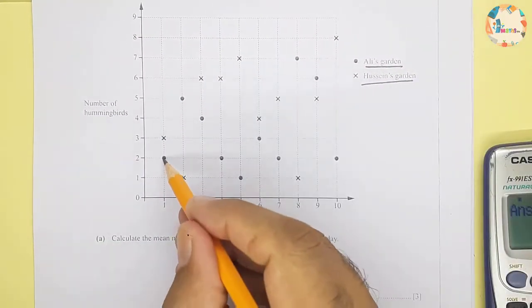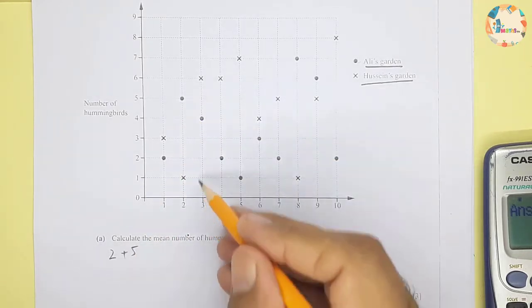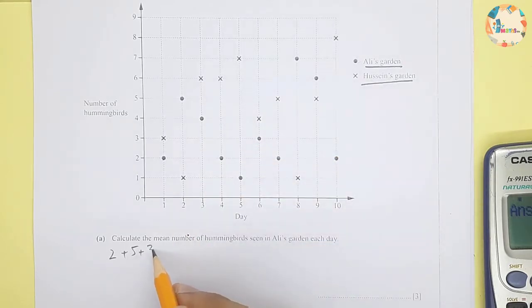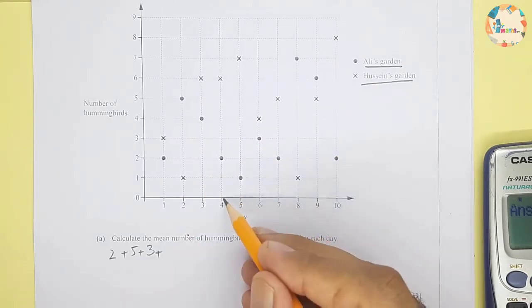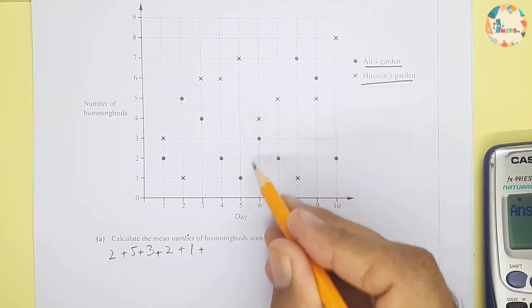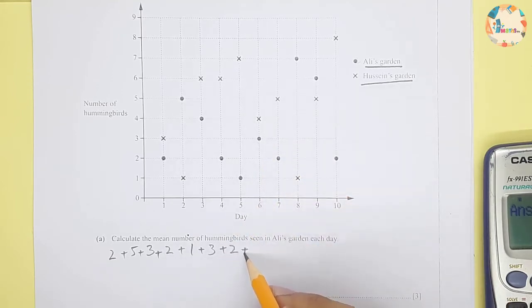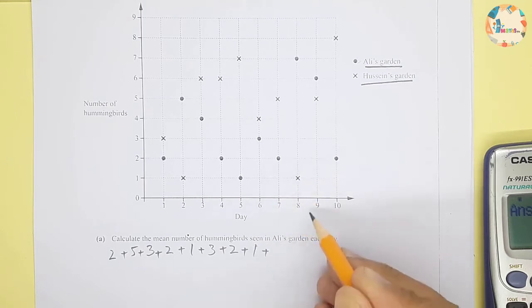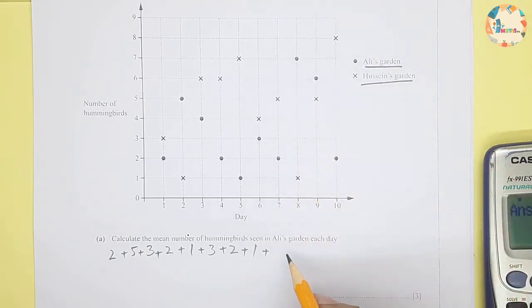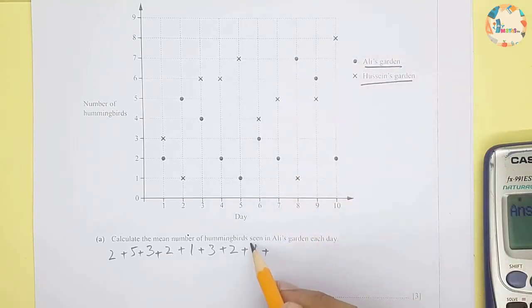So this value for first day it is 2, so we'll write 2. Then second is 5, so plus 5. Third one is 4, so plus 3, plus fourth value is 2, plus fifth value is 1. Then sixth value is 3. Then seventh value is 2. And eighth value is 1, and ninth value is 7, not 1, 7.